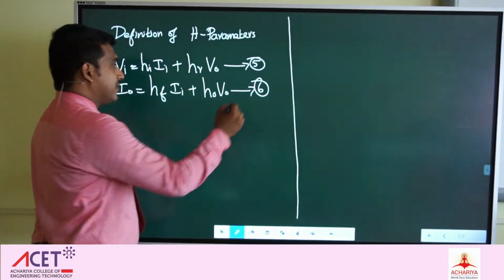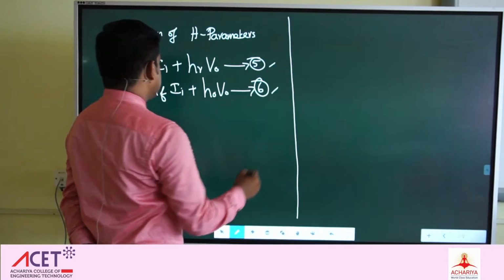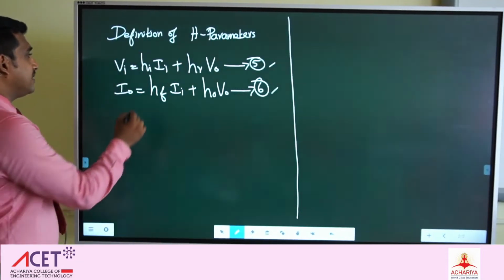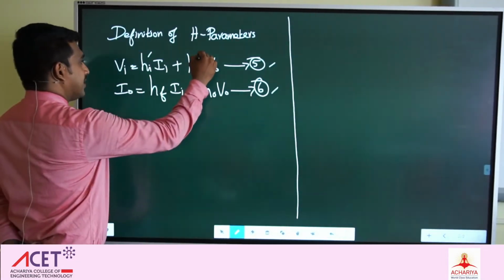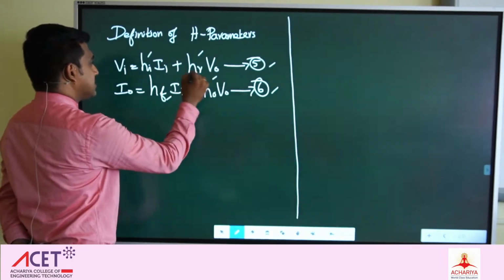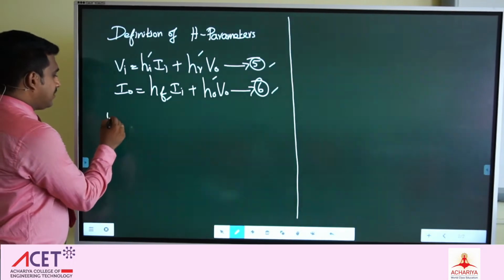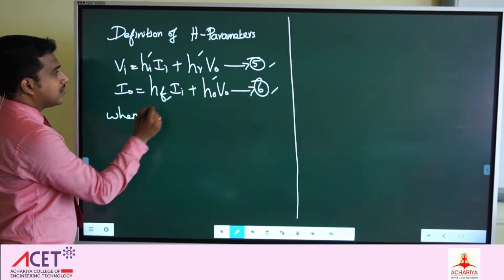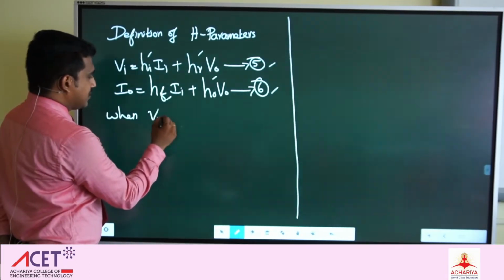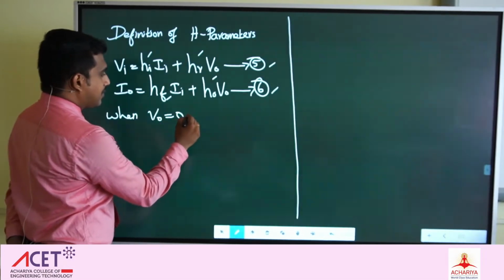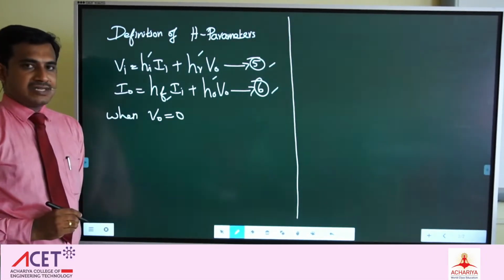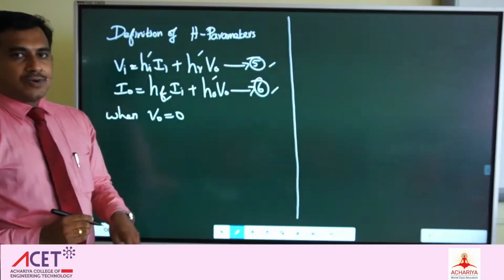From equation 5 and equation 6, we are going to define the four parameters: Hi, Hr, Hf and Ho. When V0 is equal to 0, which means shorting the output.